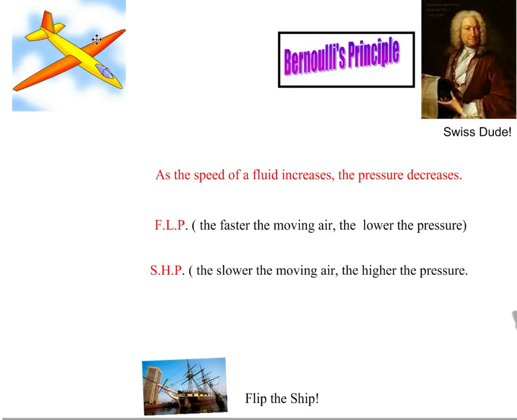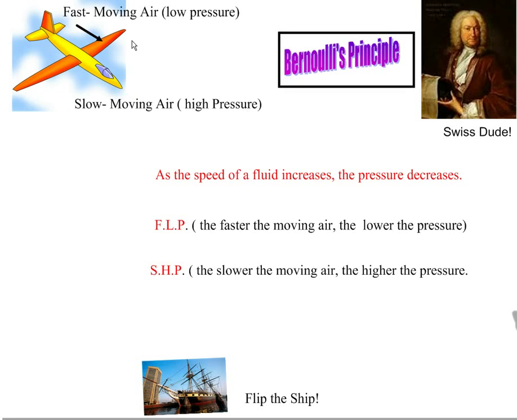Well, the same thing holds true in an airplane, and if we look at the diagram with the curved surface being on the top, we'll notice that's where we're going to find our fast-moving air or our low pressure. And that's going to take place right over here. And then what we're going to see at the bottom, on the straight surface, we have the slow-moving air or the high pressure, and that's going to take place right under here, the high and the low pressure.